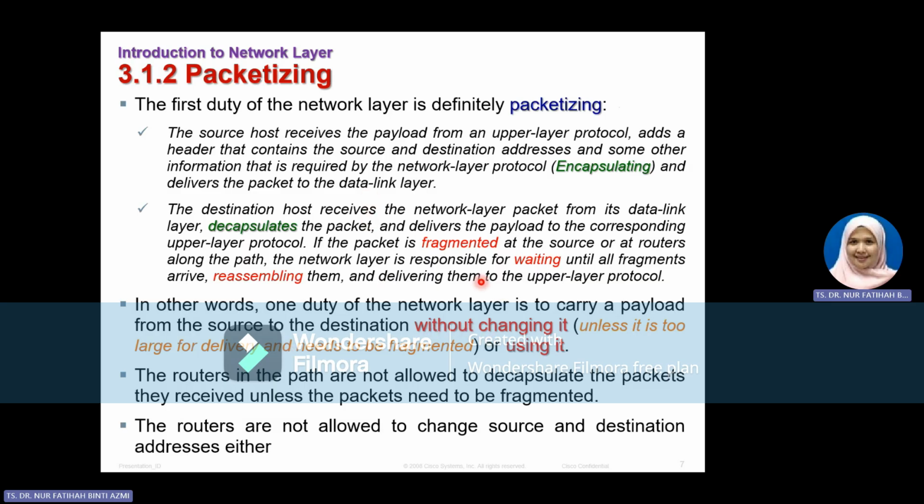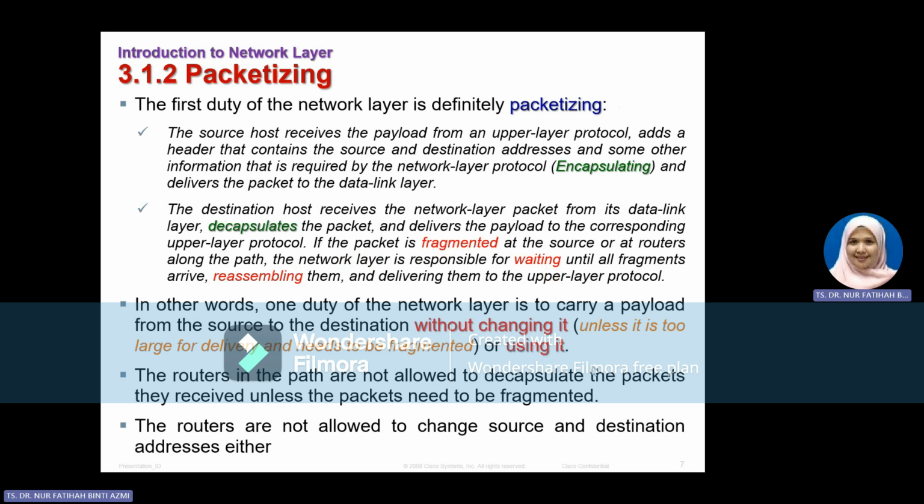At the destination host or receiver, the data is decapsulated, and the payload is handed back to the transport layer.